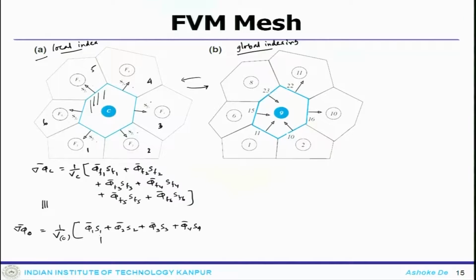You write in this fashion or you write in this fashion, they actually point towards the same thing. So, what it typically says is, you have this local connectivity, you have this local outward normal vector, and you have 6 elements surrounding that particular element, and there you get all these 1, 2, 3, 4, 5, 6 normal vectors. So, your gradient calculation would be written like that.